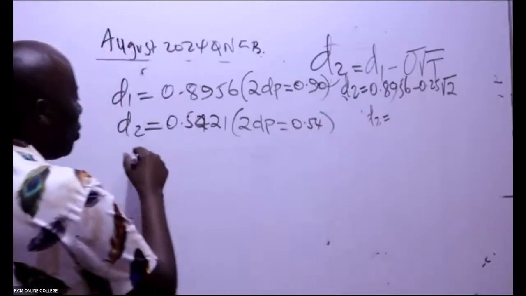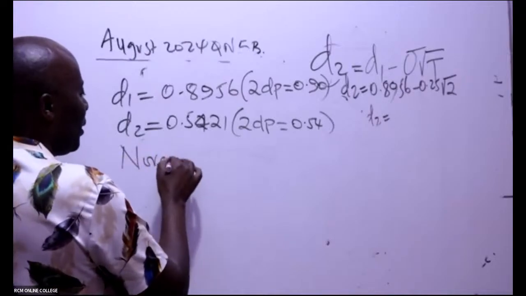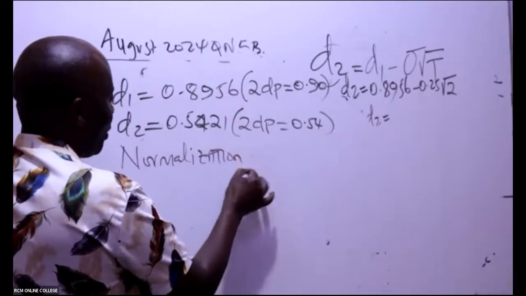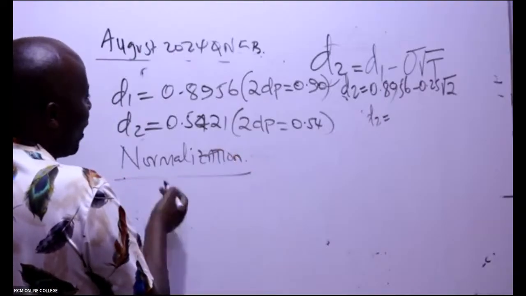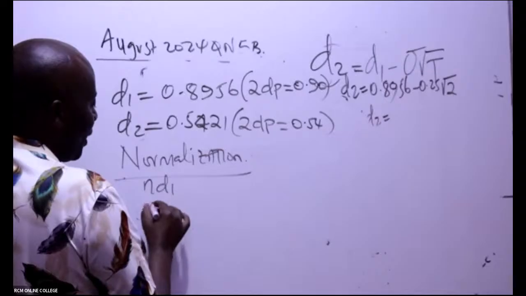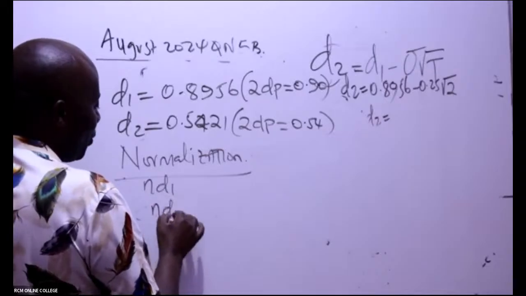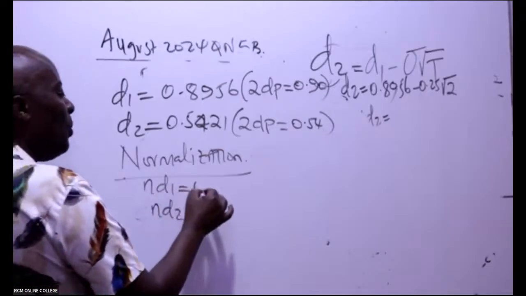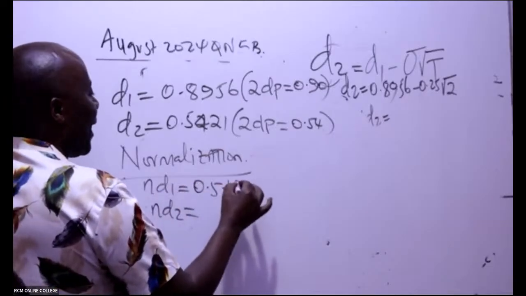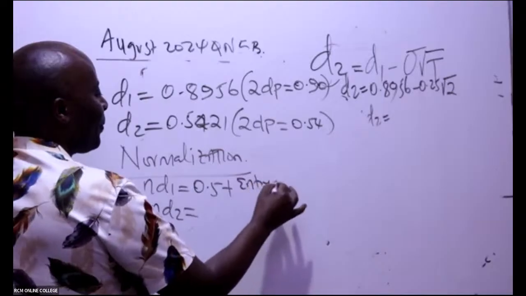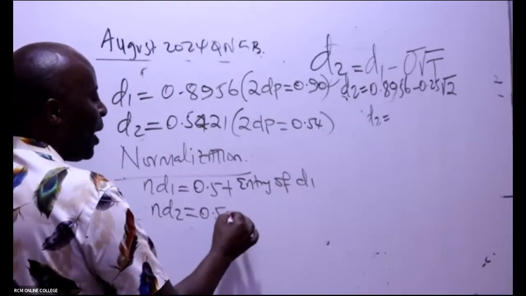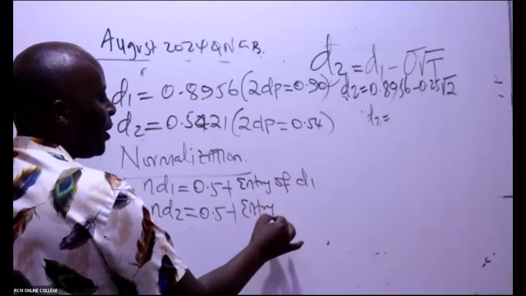So from there we go to normalization. Now you give us what we call ND1 and ND2. ND1 will be 0.5 plus N3 of D1, and ND2 will be 0.5 plus N3 of D2.